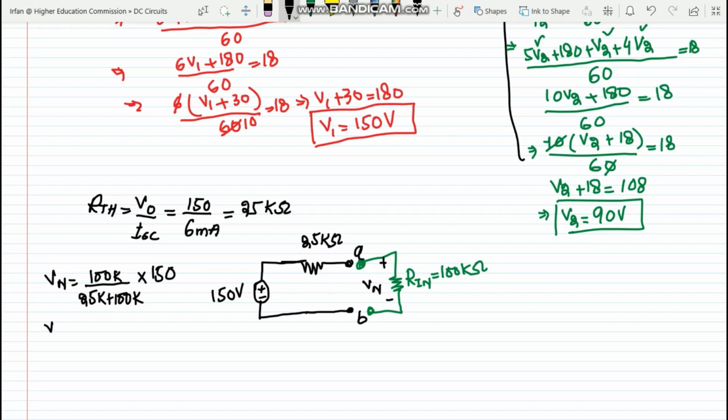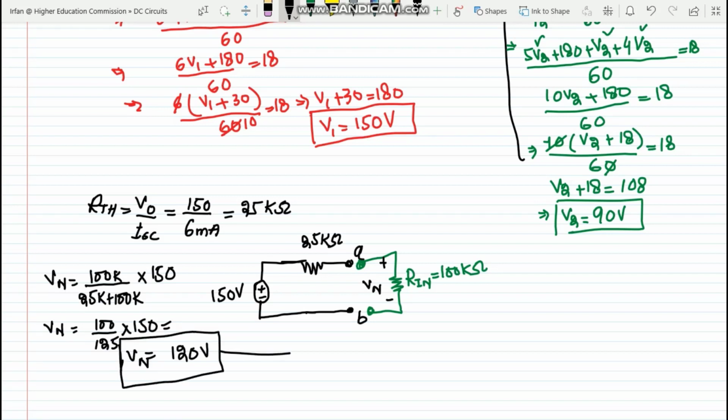So multiplying it, 100 divided by 125 multiplied by 150, I will get here 120 volts. So that is the voltage which this multimeter is going to read.